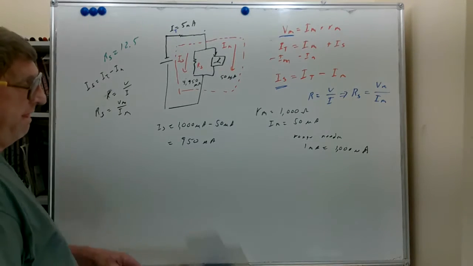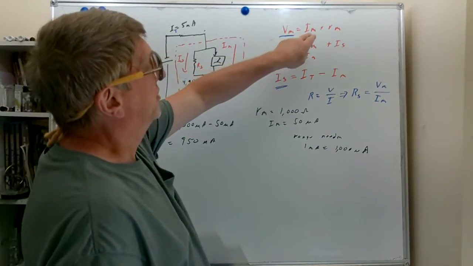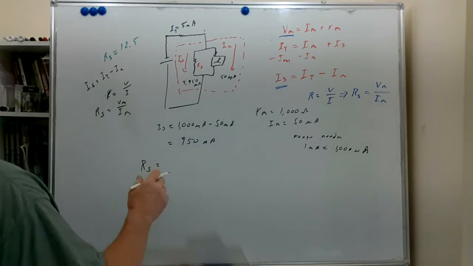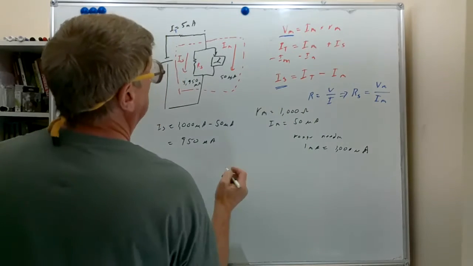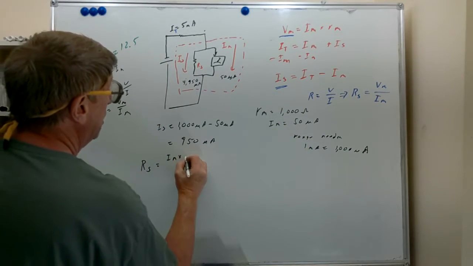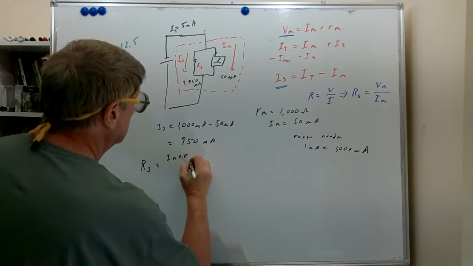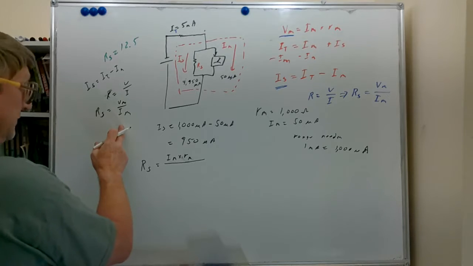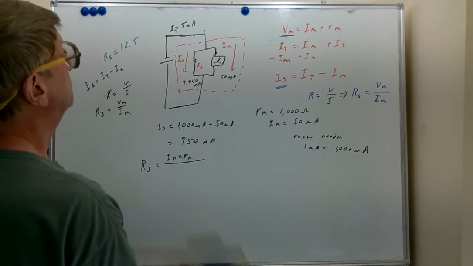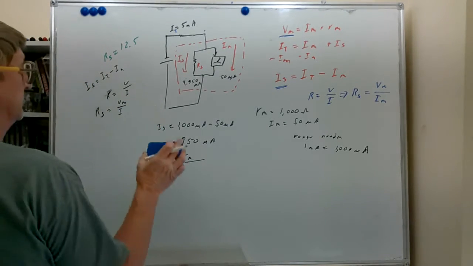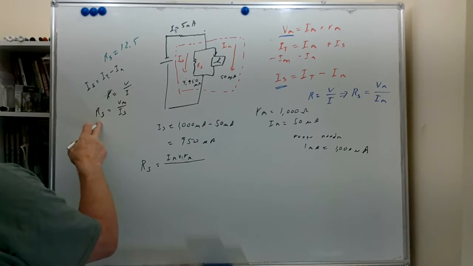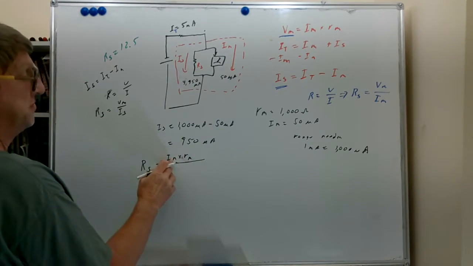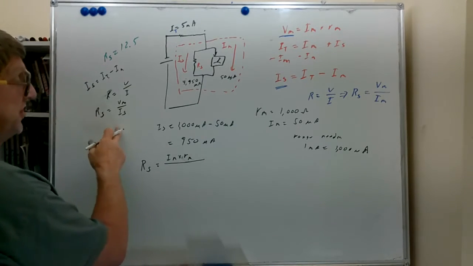Well, we weren't given the voltage of the meter directly, but we have this formula: VM equals IM times RM, the current of the meter times the resistance of the meter. We're going to divide that by the current through the shunt, IS. The resistance of the shunt is the voltage of the meter divided by the current through the shunt.